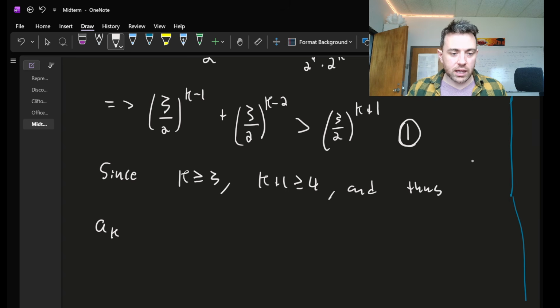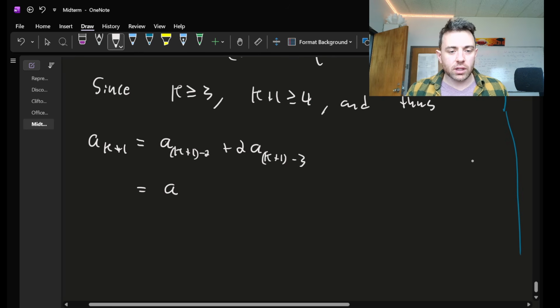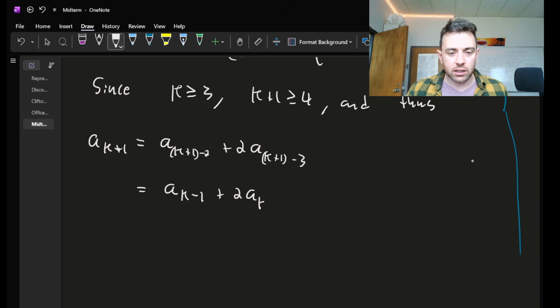So a_{k+1} is equal to, let's say, a_{k+1-2} plus 2 times a_{k+1-3}, I'm just going step by step, which is equal to a_{k-1} plus 2 times a_{k-2}.